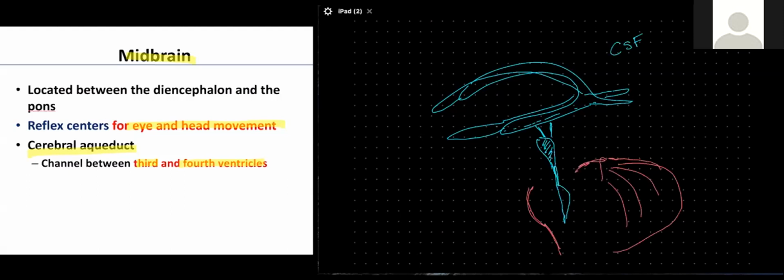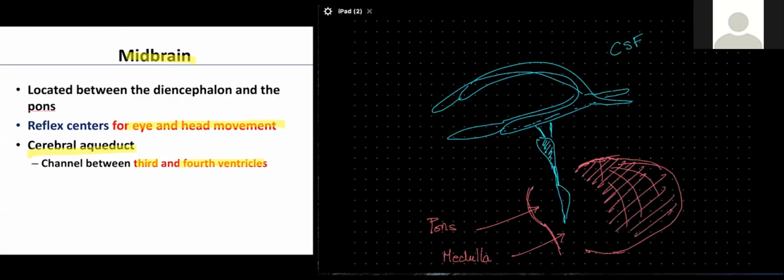So located between your pons and medulla oblongata on one side and the cerebellum on the other side, you've got space filled with cerebrospinal fluid. What do we call this space? This is my fourth ventricle.